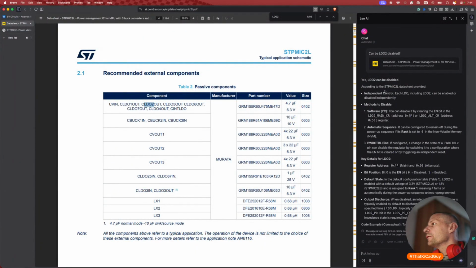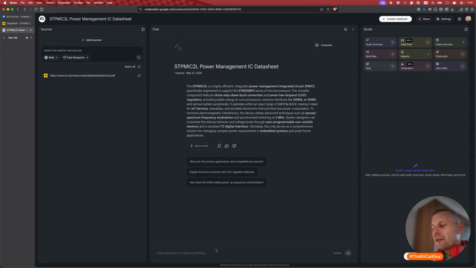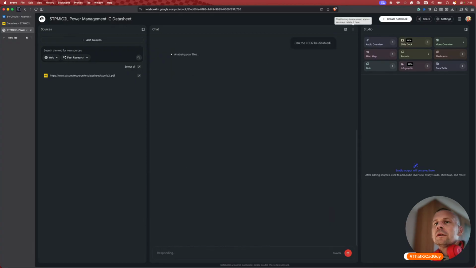Yes, can be disabled. Independent control, including LDO2 via software, automatic power control. Yeah. So it can be. Let's double check it. The same question: can the LDO2 be disabled?